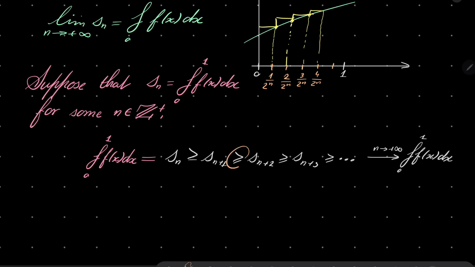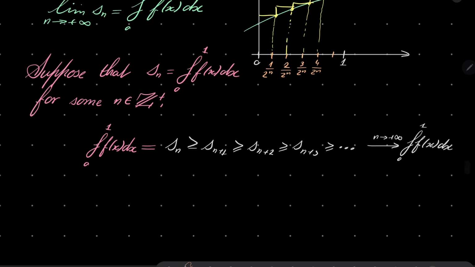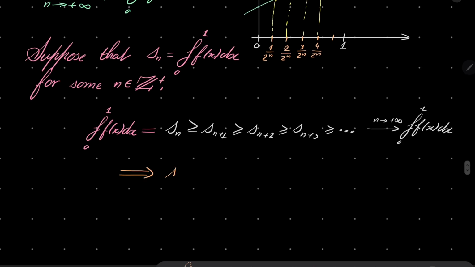Because, for example, if here there were a strict inequality, then our sequence would get smaller and smaller, but it would actually be smaller than our integral. And it cannot be, it must be equal. So this means that Sn equals Sn plus 1 equals Sn plus 2, Sn plus 3, and so on and so on.